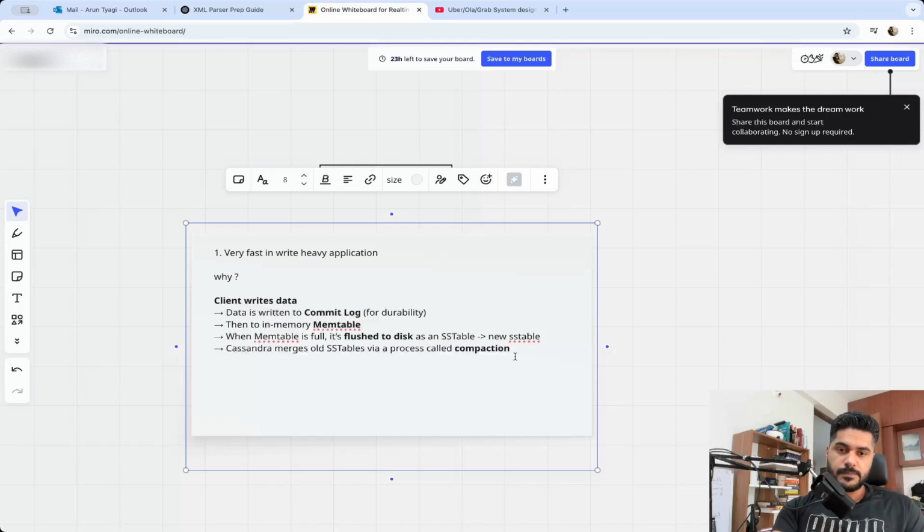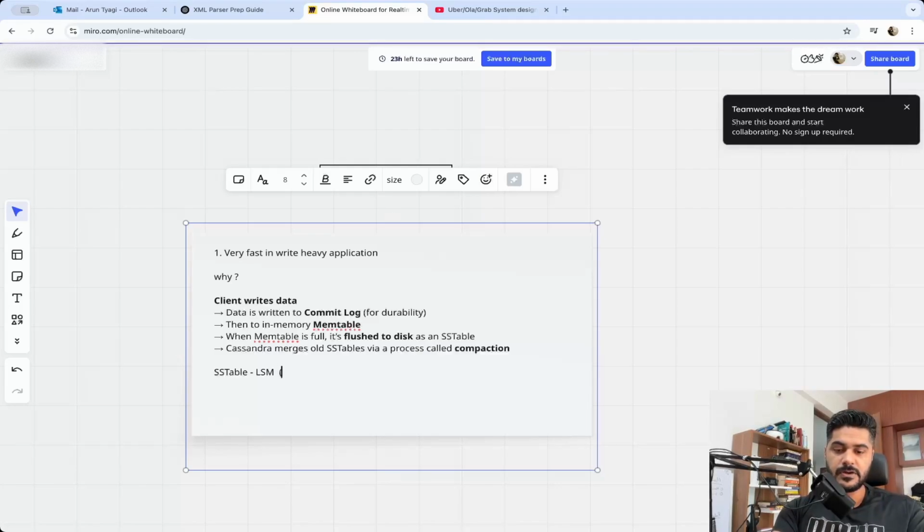Now, the point I'm trying to come to is that all the DBs which are running on SSTable, like Cassandra uses, we call them LSM based, right?